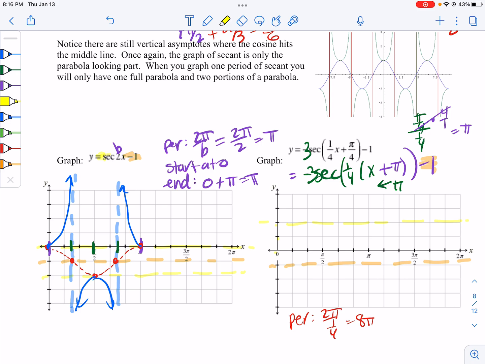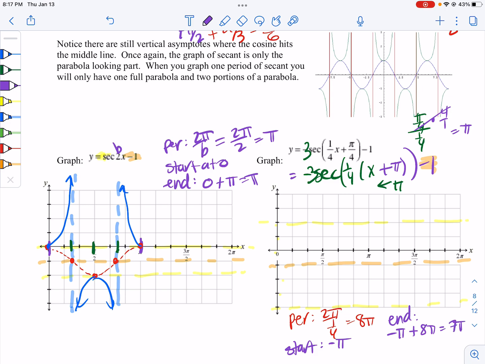I opted to change it. Now we're starting at negative pi, and our end will be the start plus the period, which in this case is 8 pi. So I need to go to 7 pi.